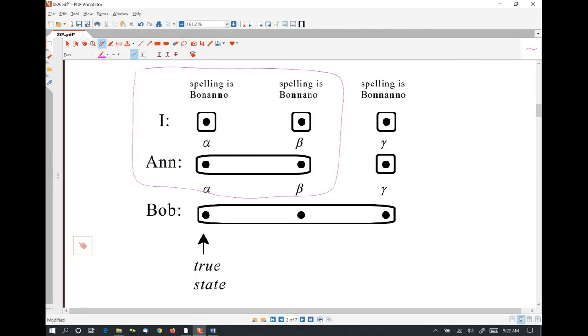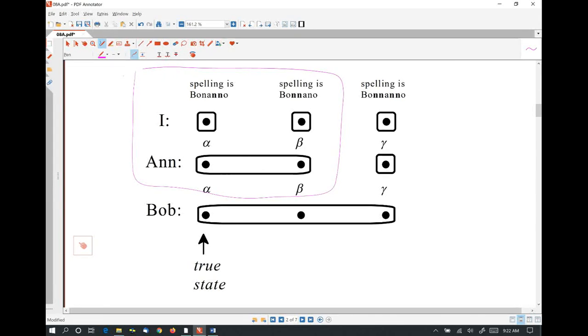And I put all three states in the same information set for Bob. So while Anne knows at the true state alpha that there are only three N's in my name, Bob doesn't. Bob thinks it might be either three or four. It is still common knowledge at state alpha between Anne and me that there are only three, but it's no longer common knowledge among the three of us that there are only three N's, because Bob thinks there might be four N's, and so on.